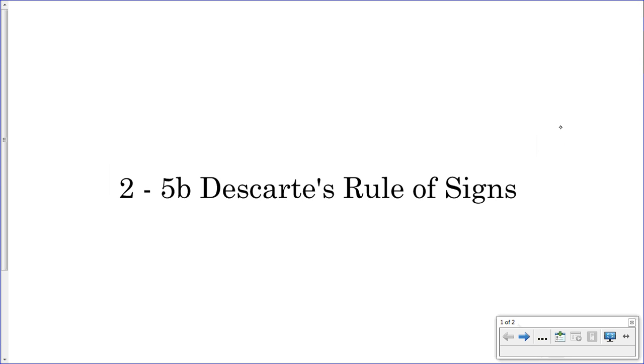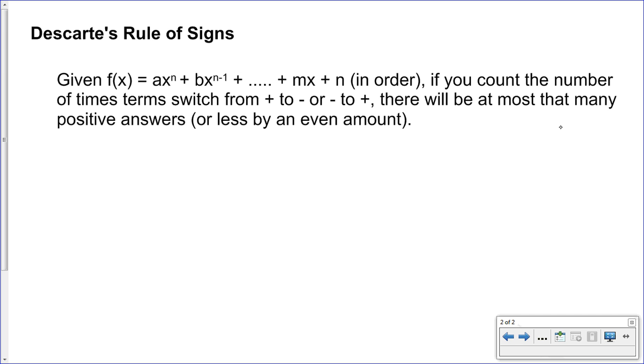2-5b, Descartes' rule of signs. So what is Descartes' rule of signs? I'm glad you asked. Descartes' rule of signs says given f of x equals some polynomial in order, meaning this starts from your highest exponent and decreases in order all the way down to your constant.